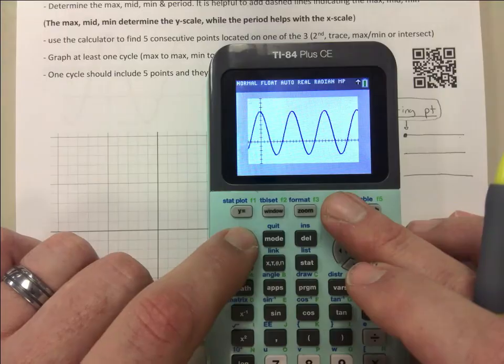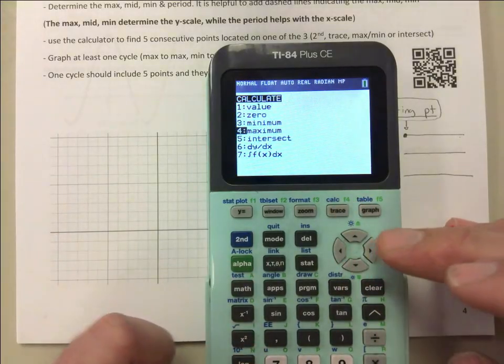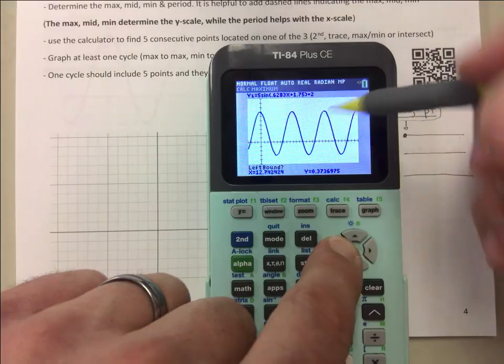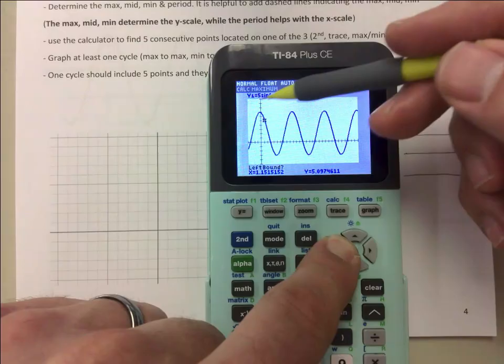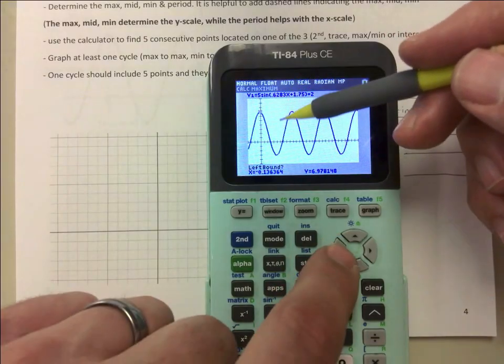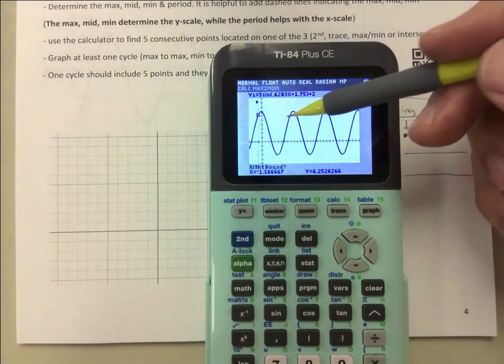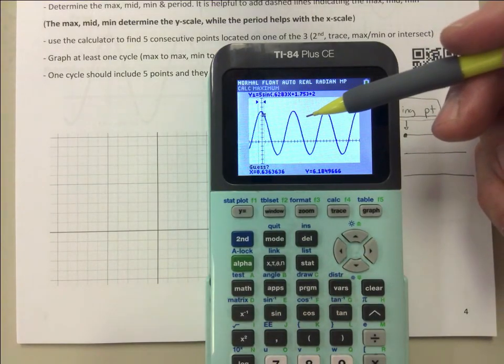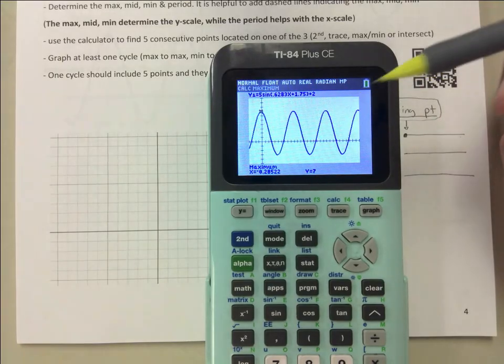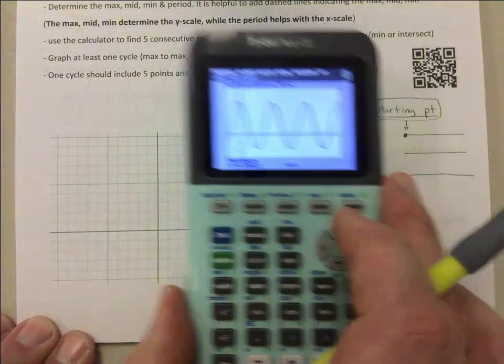You ready? Second trace max. I'm going to trace this back until I get to this max right here. Ready? You go to the left, enter, then you go to the right, enter, and then enter one more time. Get that coordinate. Write it down.